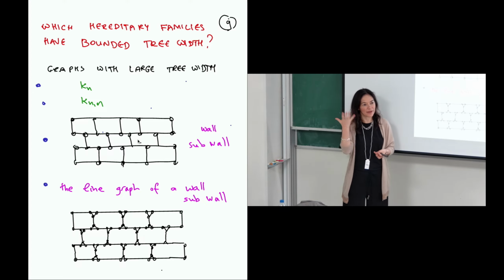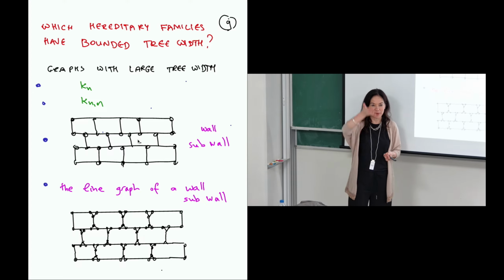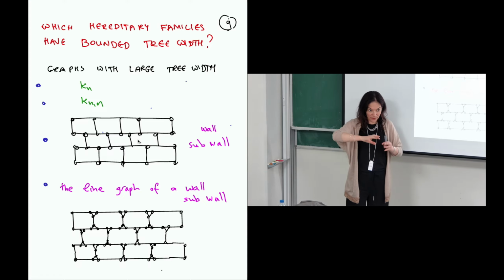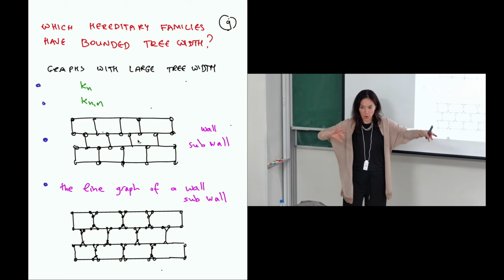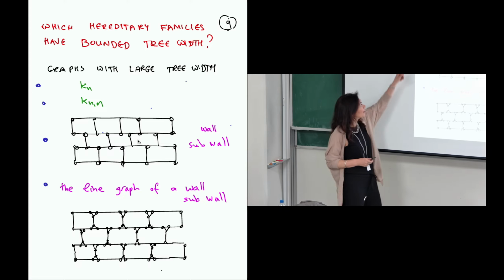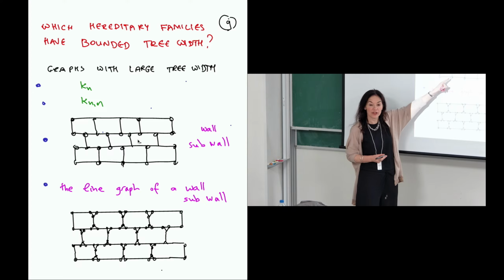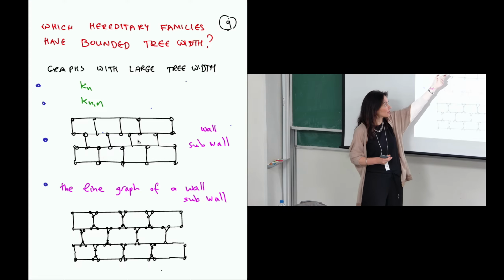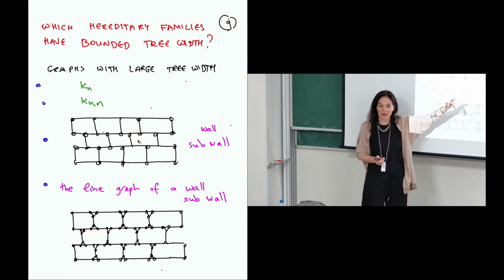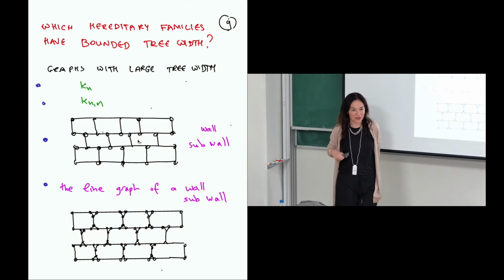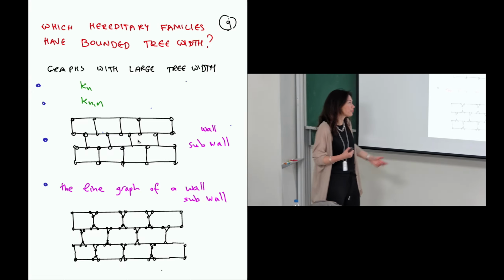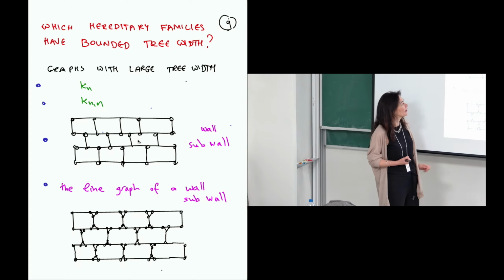And that turns out to be kind of the correct way to think about bounded treewidth. You can delete a small set of vertices and break the graph more or less half and half. So you can't do it here or there, but you cannot do it here either. If you play with it, if you delete any small set of vertices, the vast majority of the graph remains on one side. Okay, so that's another example.